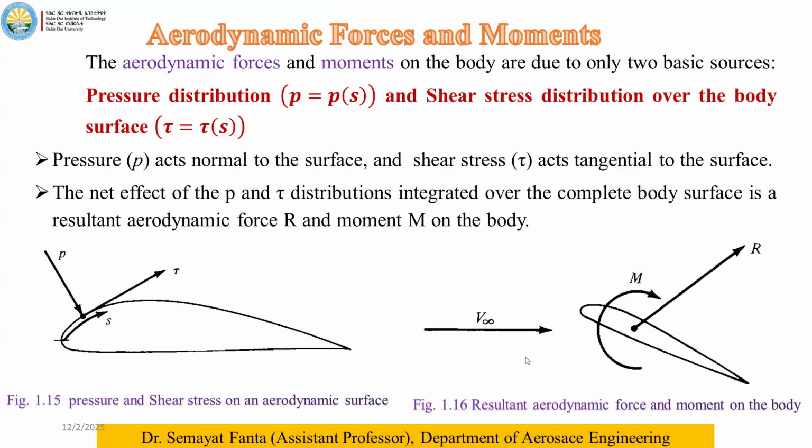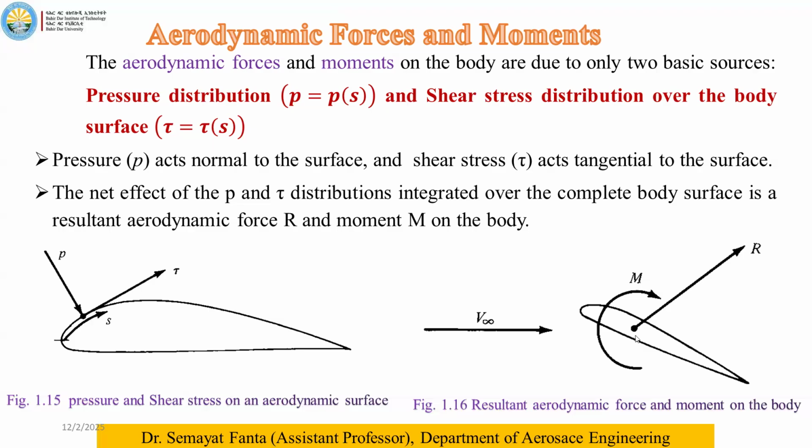So the total resultant of all the forces acting, in terms of shear and in terms of pressure, finally comes into the net resultant force, which acts upward through the pressure center. It is not only a resultant force, but it also has a moment, which is the pitching moment of an aircraft. So this is the pitch moment, and this is the resultant force.